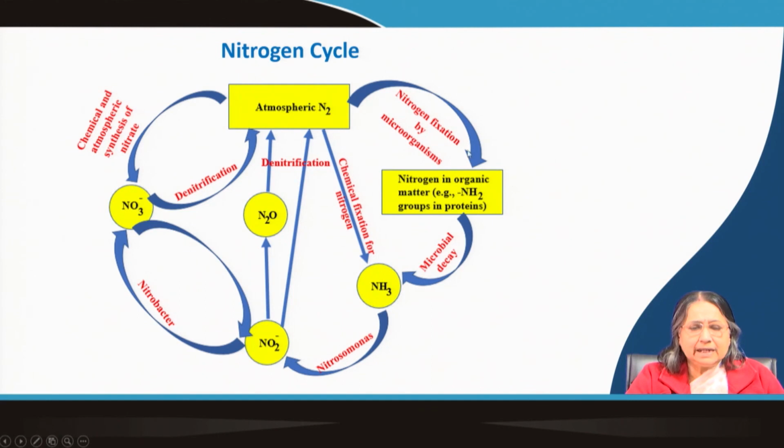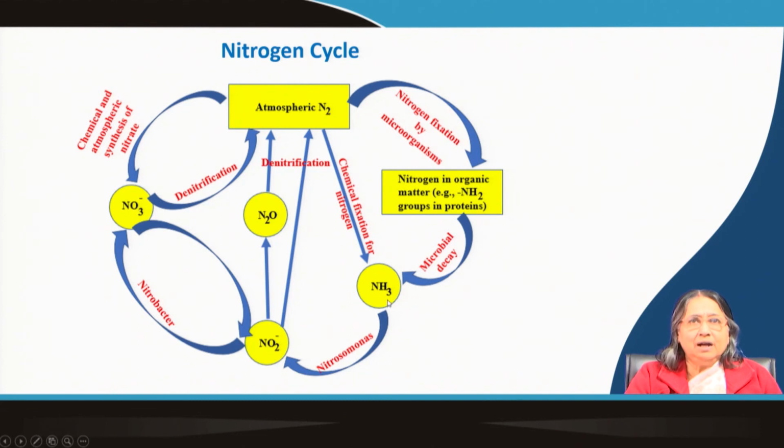Now, these nitrogen fixing bacteria are present in the plants. So it is the biological fixation, and nitrogen in organic matter, we all know, is present for example in amines, or in amino acids as the amino group, and when it is decayed by microorganisms, they form ammonia or ammonium ion.